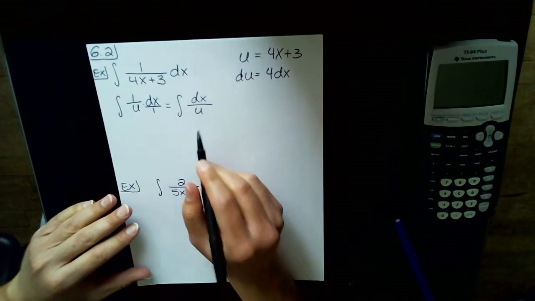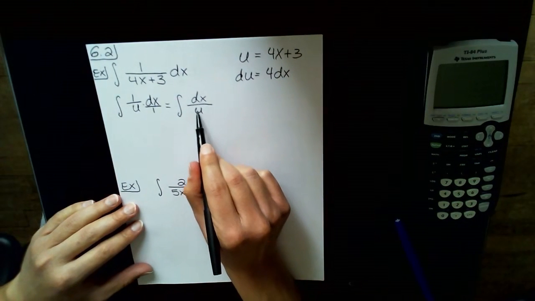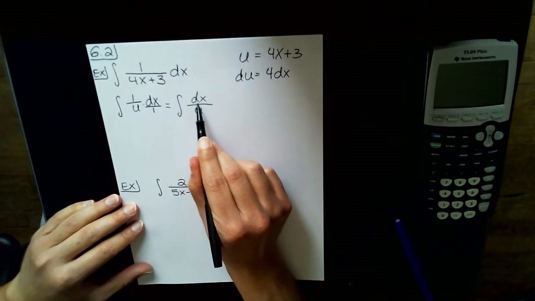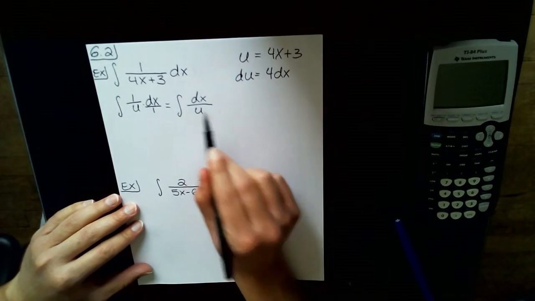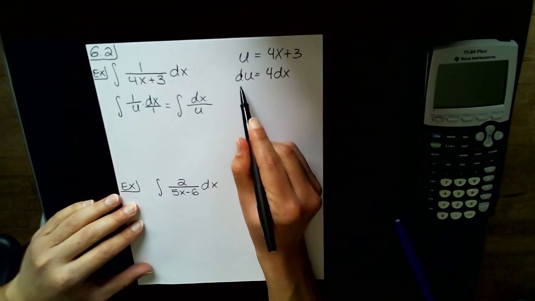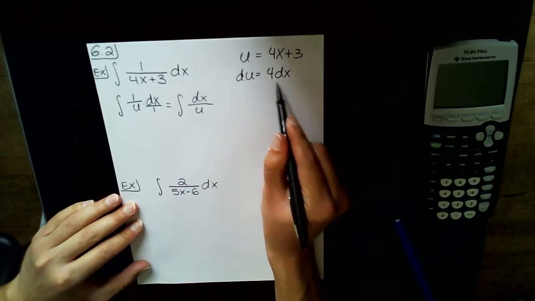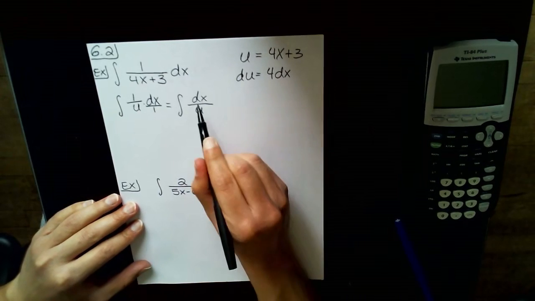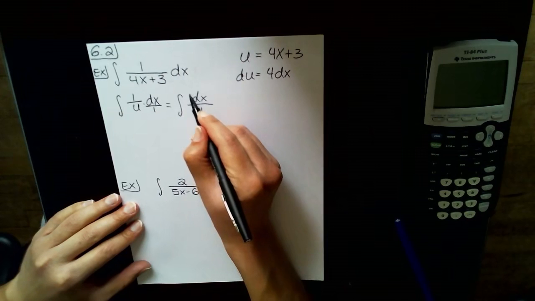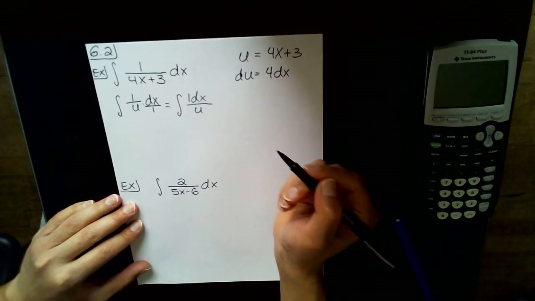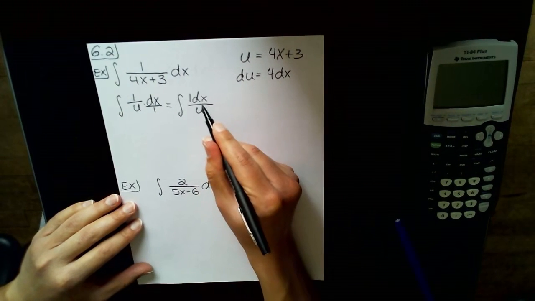Well, we can't take the integral of dx over u because we need to have a du there. Remember, we said du is equal to 4 dx, but right now we only have 1 dx. So how can we get that to become a 4 dx?